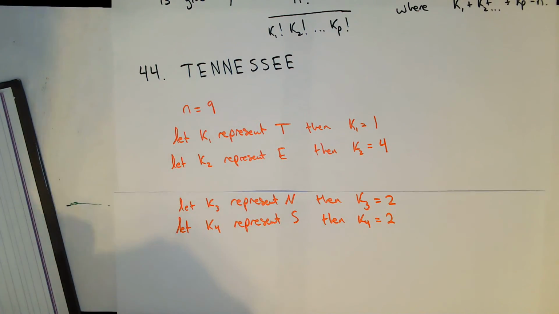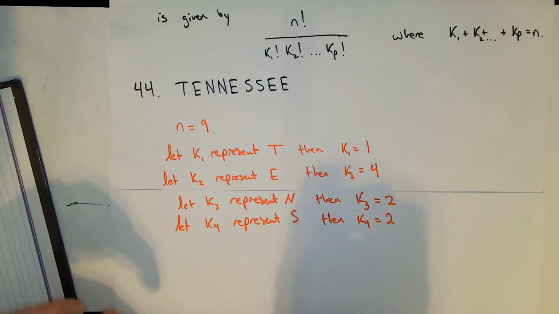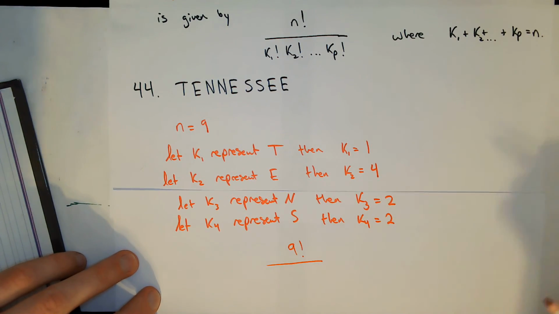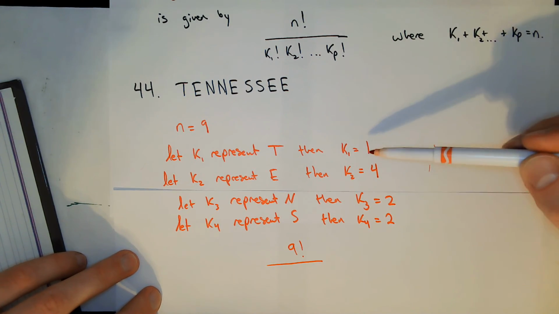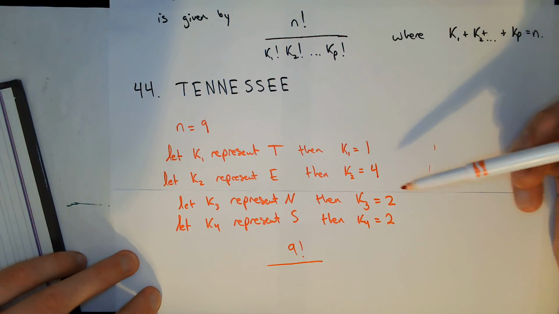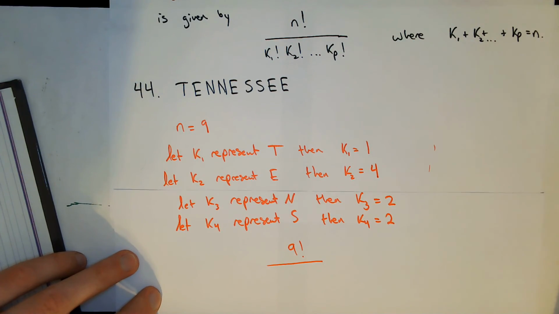So in my formula, I'm going to have n factorial, so that's 9 factorial over, and by the way, the sum of all these k values is supposed to equal n. That's a good way to check that you didn't miss any of the letters or categories. 1 plus 4 is 5, plus 2 is 7, plus 2 is 9. Good, so I have this relationship holding.